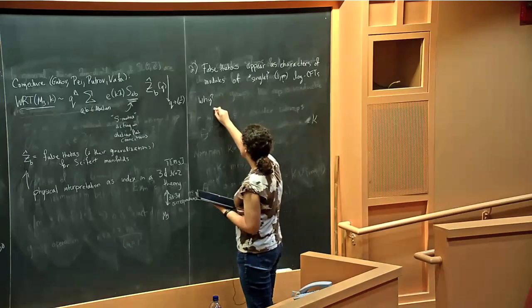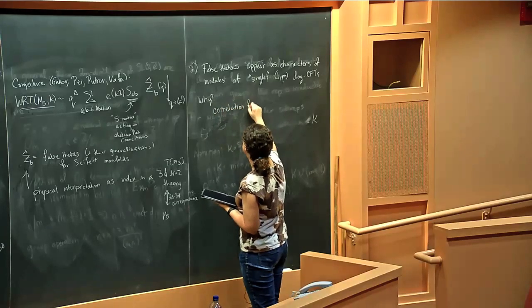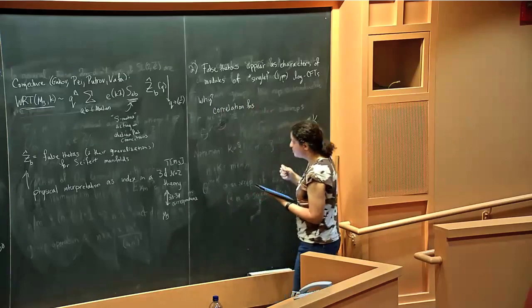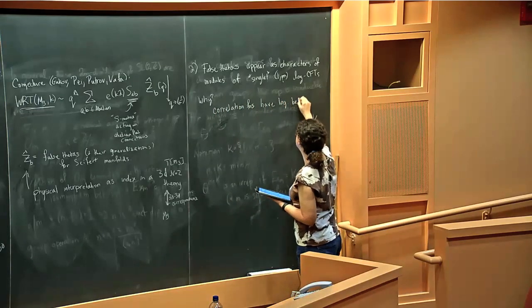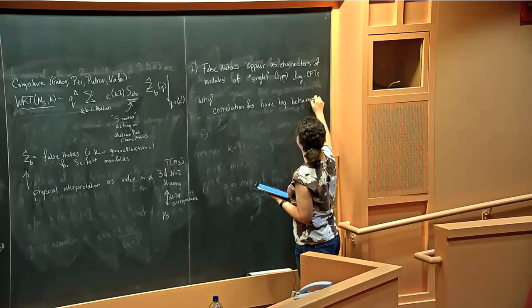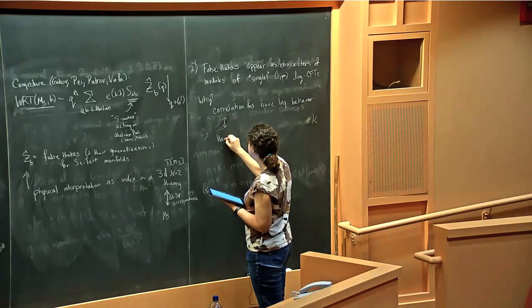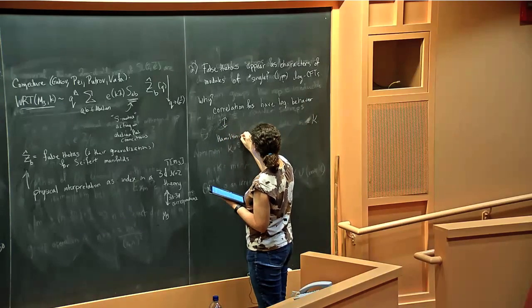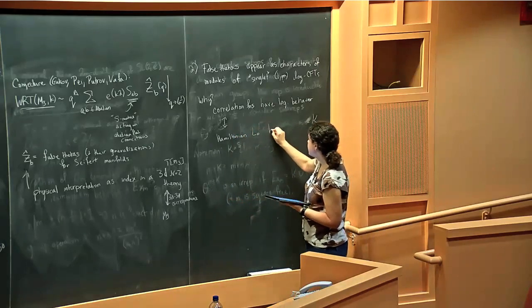It all stems from the fact that the correlation functions of certain operators have logarithmic behavior. This is related to the fact that the Hamiltonian L0 is not diagonalizable, it's block diagonalizable.